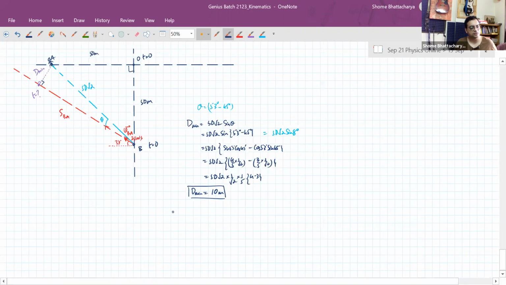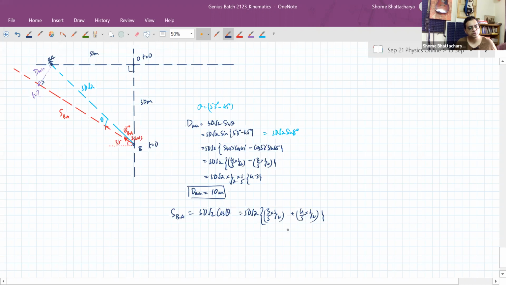So from the triangle again, you can see that S of B with respect to A is going to be 50 root 2 cos theta. So I'm just doing this calculation directly. Cos A cos B, so that will become 3 by 5 into 1 by root 2 plus sin A sin B, so 4 by 5 into 1 by root 2.